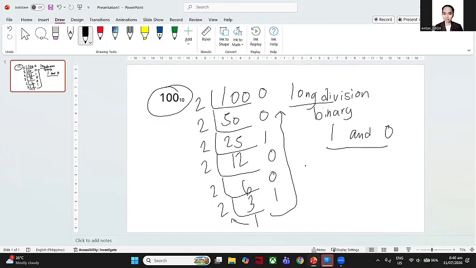So we have our binary, which is 1, 1, 0, 0, 1, 0, 0. Now that is our binary of 100. Why base 2? Because that is the representation of two numbers, which are 0 and 1.